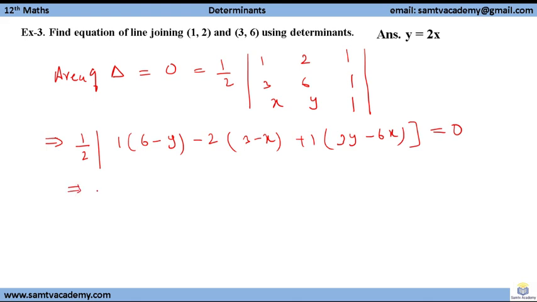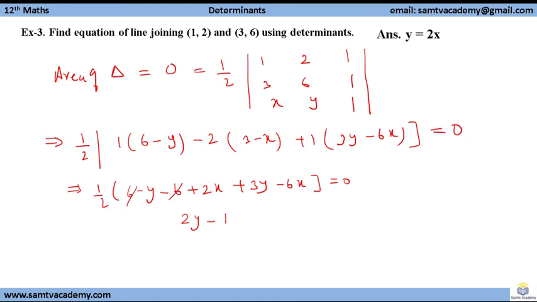So 1/2 we will write like this: 6 minus y minus 6 plus 2x plus 3y minus 6x equal to 0. This 6 and 6 will get cancelled and you are left with y, this is 2y, and x.